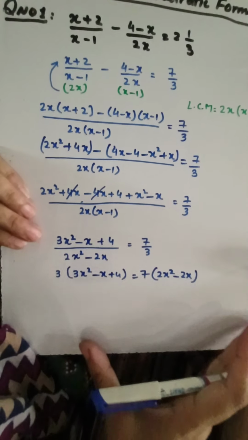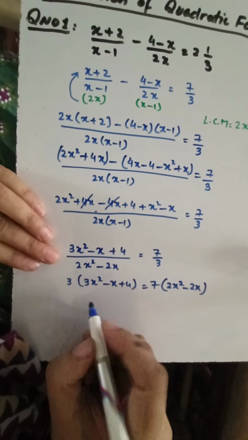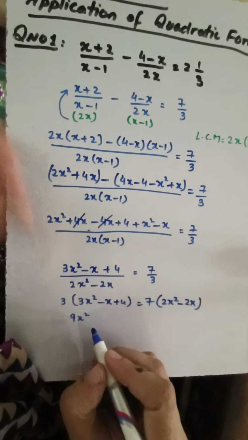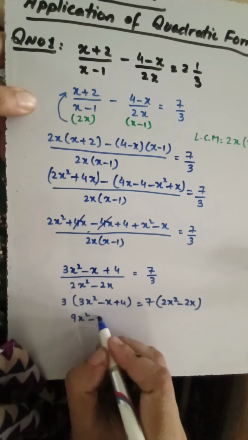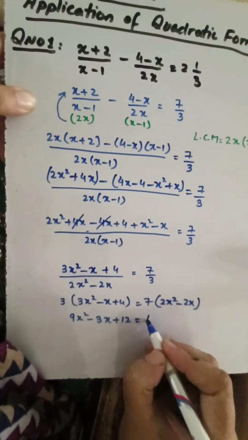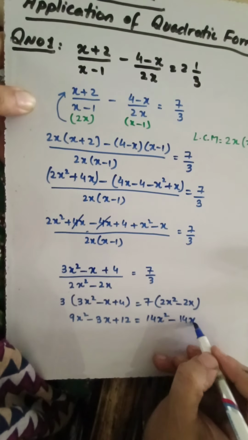So now multiplying these two, we are going to get 9x square minus 3x plus 12 equals 14x square minus 14x.